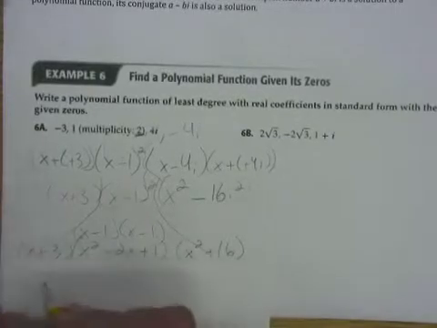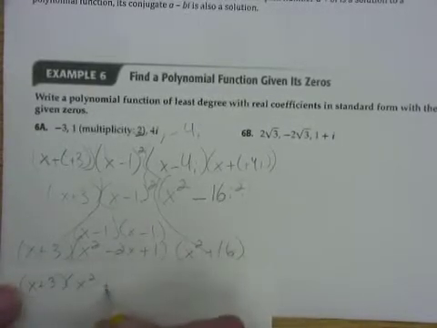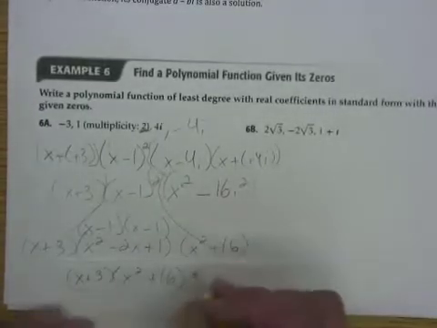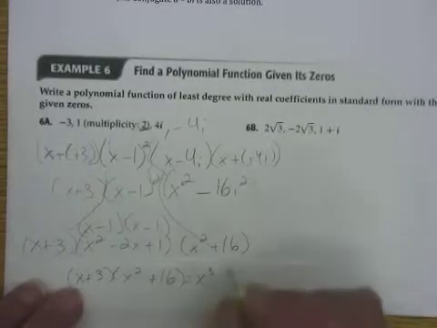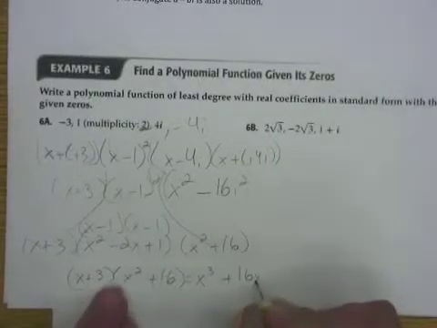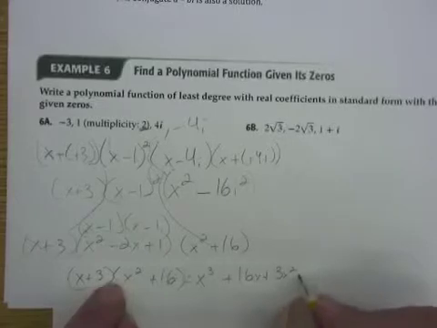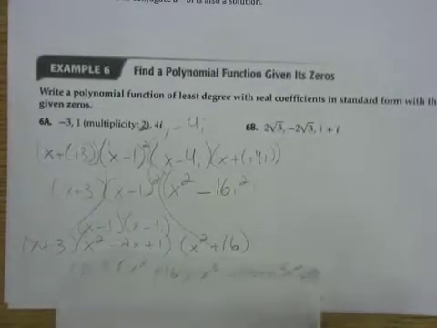All right, so I'm going to multiply the x plus 3 times x squared plus 16 next. And that's going to give me x to the third plus 16x plus 3x squared plus 48.